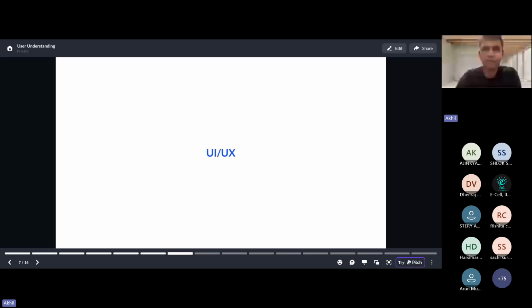Okay, folks. So we're going to understand what UI is and what UX is, right? UI is simply user interface. Whenever you use multiple products, all those screens that you see on any product or digital ecosystem are known as user interface.